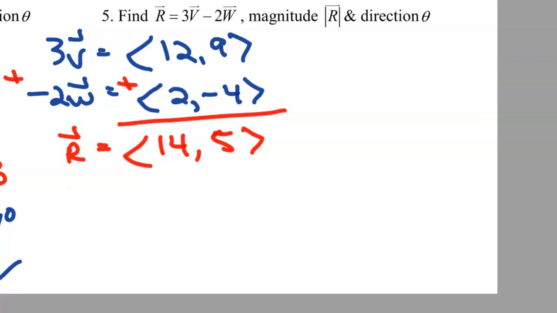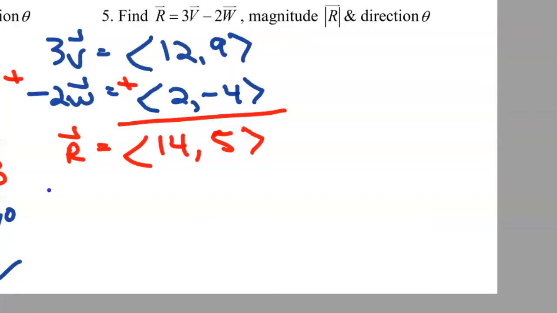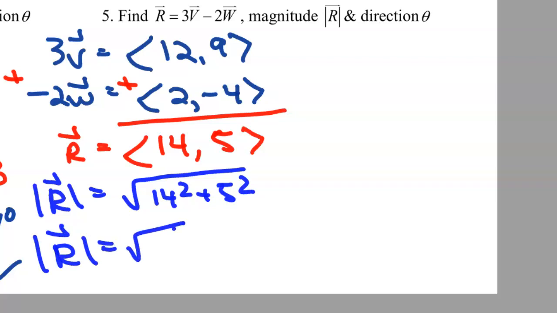When I want to do the magnitude, it's going to be 14 squared plus 5 squared. So the magnitude of my r is the square root of 221, which is about 14.9.